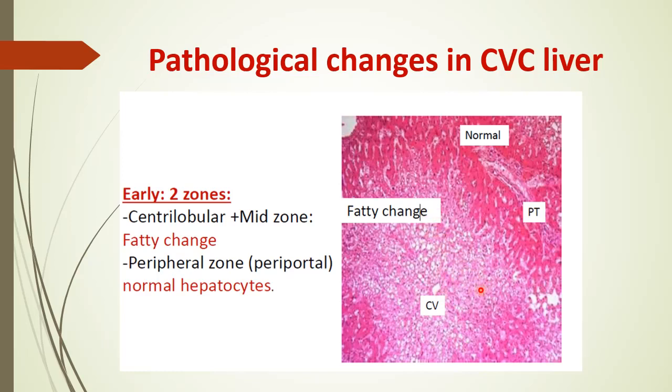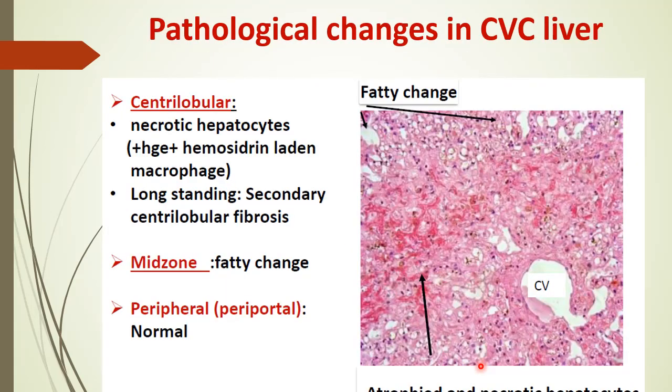As I mentioned in the previous slide, this is the fatty change in the mid-zone of the liver, while the periportal hepatocytes are normal because they are not affected, as they are well nourished, being near the hepatic artery and the portal vein in the portal tract. This is the early phase of the chronic venous congestion of the liver.